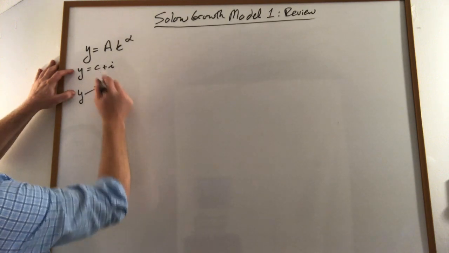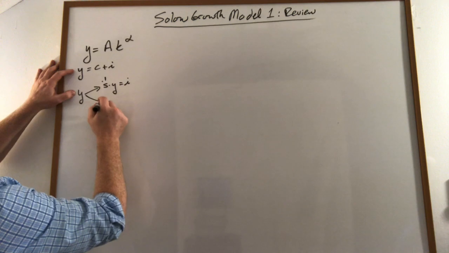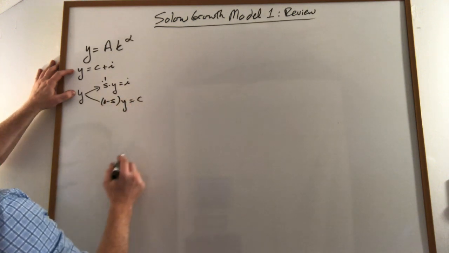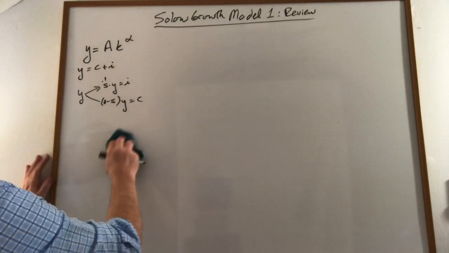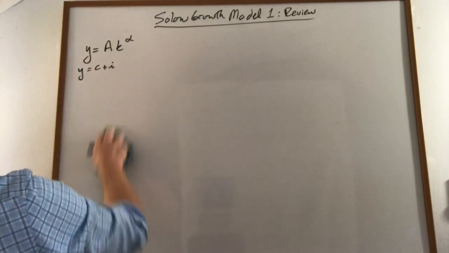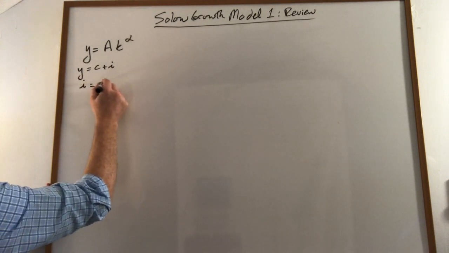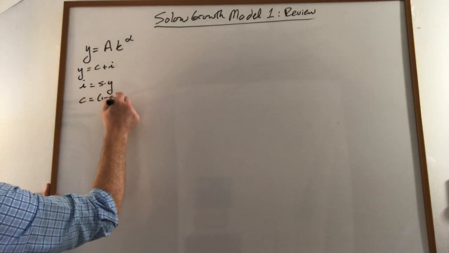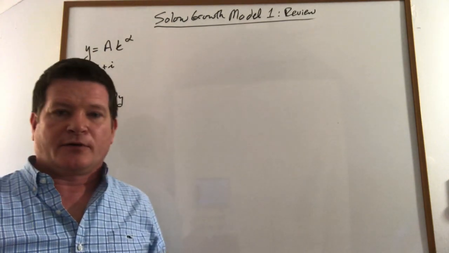So 10% of my total income is i, and what I don't save is c. So I have two additional little equations that emerge. One is that investment in this economy is s times y, and the other is that consumption is 1 minus s times y. These are basically our fundamental equations.